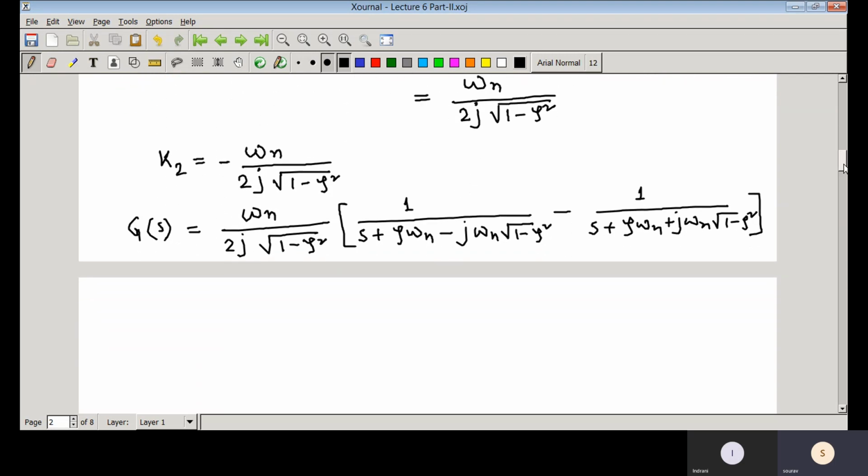So now if you simplify it, if you write it in exponential form, the common term remains the same here, square root of 1 minus zeta square. So now apply that inverse Laplace transform. So I think we can just write it here, apply inverse Laplace transform.